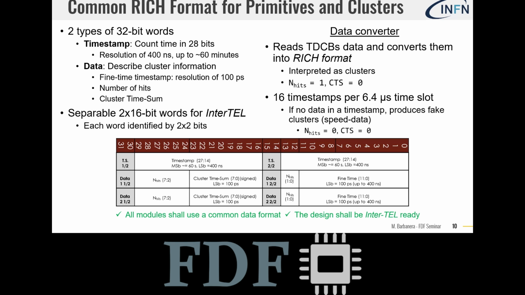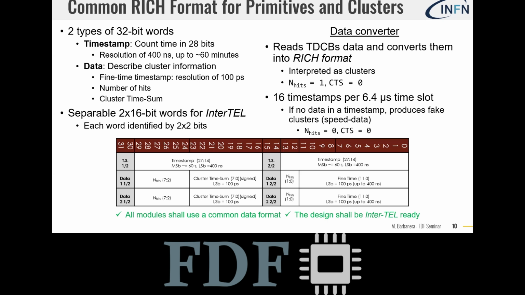So the data converter, the first module of the gateway, converts the TDCB's data into this format, interpreting just the single hits as clusters, with the number of hits just 1, and with a 0 cluster time sum.